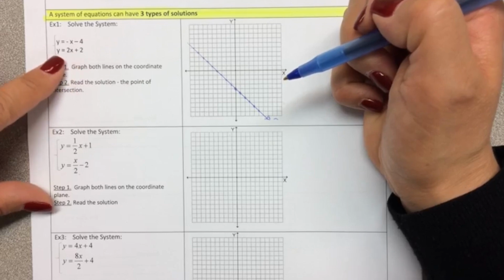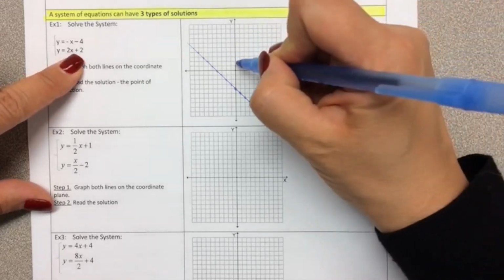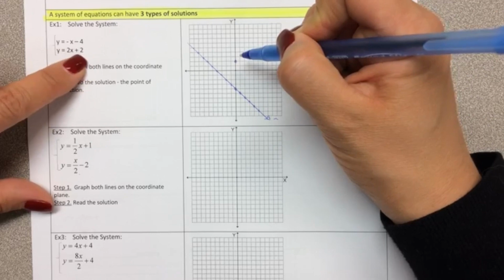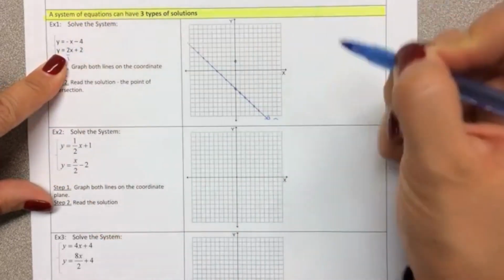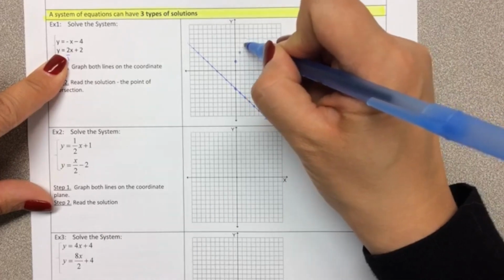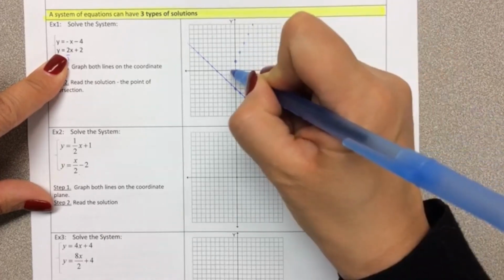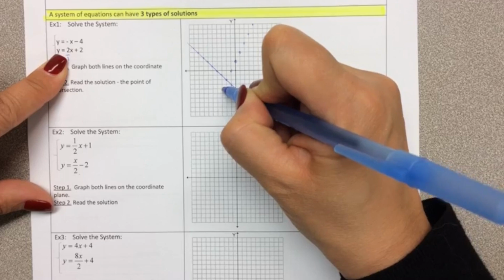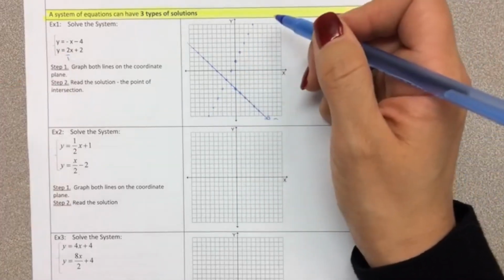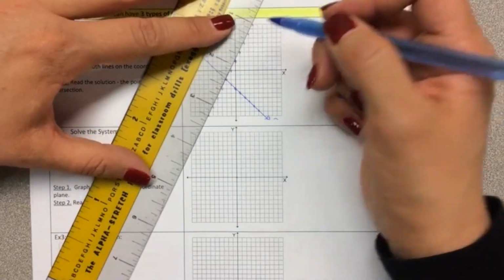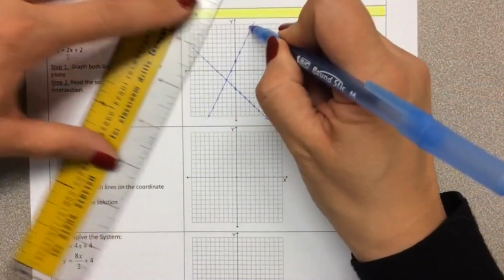Second equation, y equals 2x plus 2, has to go through 2 on the y-axis, that's my y-intercept, and then 2 over 1 slope, that is upward 2 by 1 count, vertical 2, horizontal 1, or rise 2, run 1, but the line itself is going upward because the slope is positive.